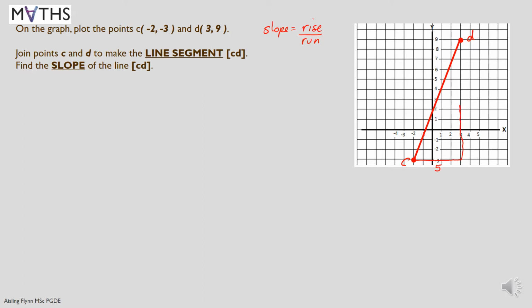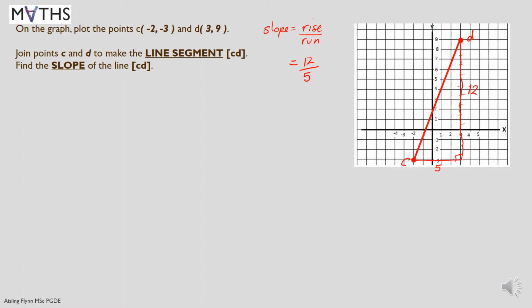Then I'm going to count straight up, so you'll always get this right-angle triangle, and count the units there. 1, 2, 3, 4, 5, 6, 7, 8, 9, 10, 11, 12. So it's 12 units up, and so the slope is rise, up 12, over run, across 5, and you can leave your answer like this.